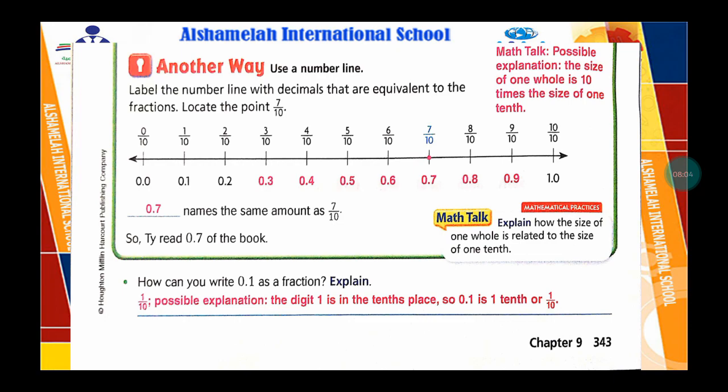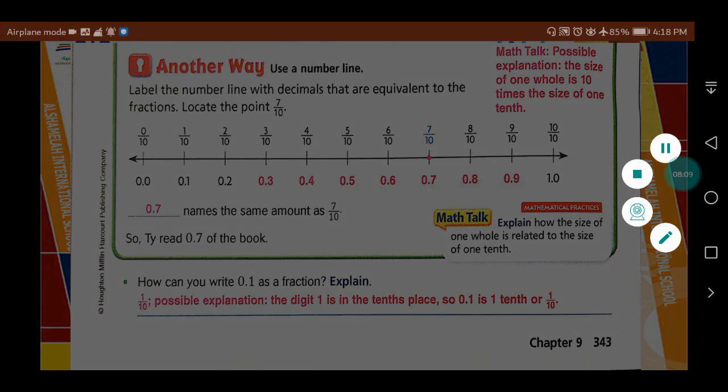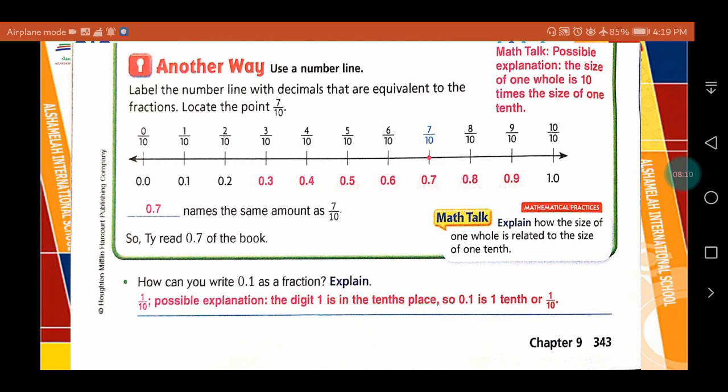How can you write 0.1 as a fraction? 1/10, as we know. Possible explanation: the digit 1 is in the tenths place, so 0.1 is 1/10.